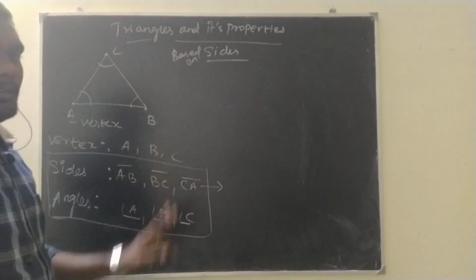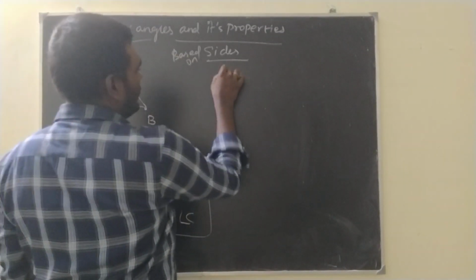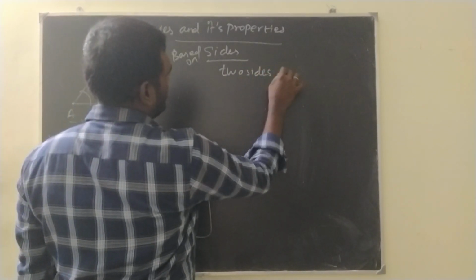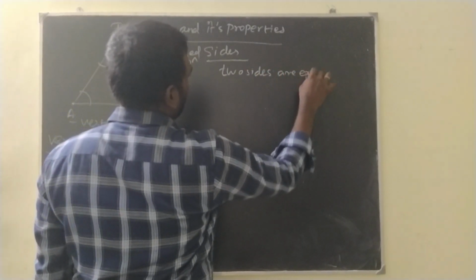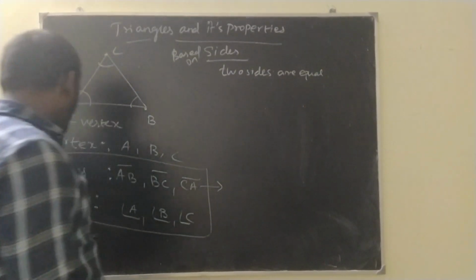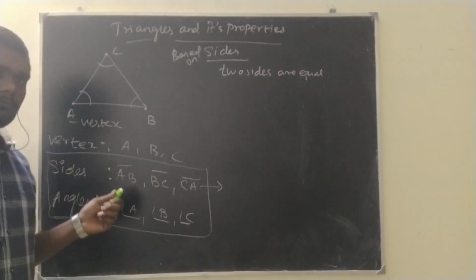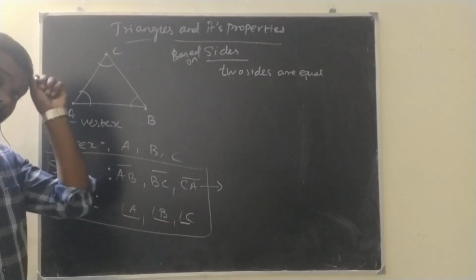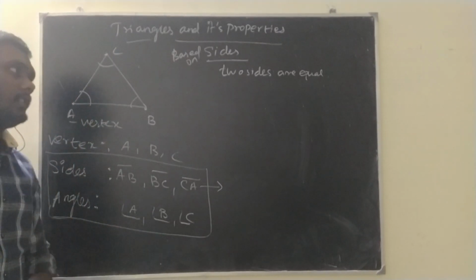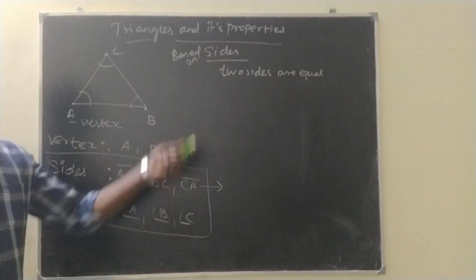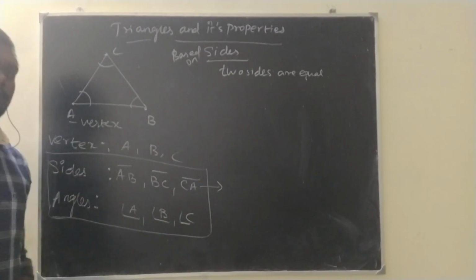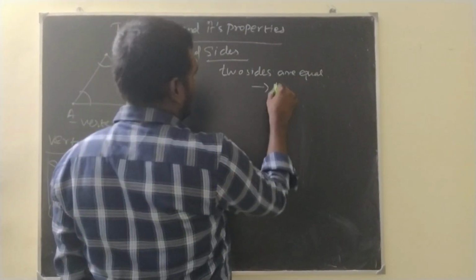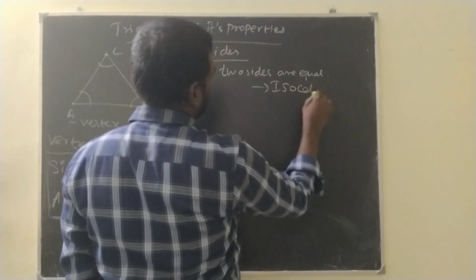If 2 sides are equal, then the name of the triangle is isosceles triangle. Six elements of a triangle. Elements of triangle.